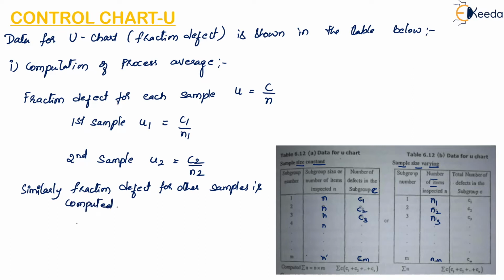For the first sample it is U1, for the second U2, for the third U3, and so on up to the mth sample, Um. Sigma of U is U1 plus U2 plus so on plus Um. In this way we find the fraction defect.